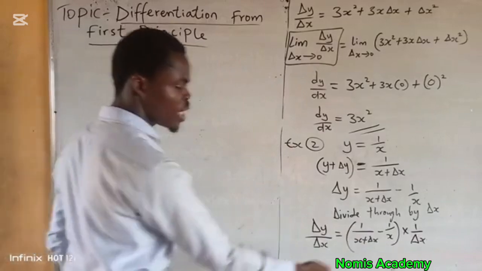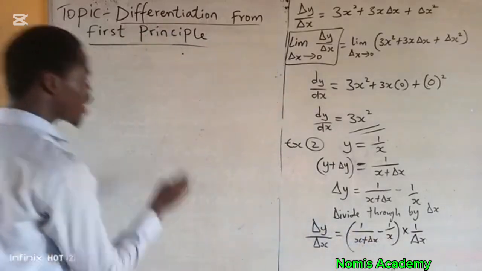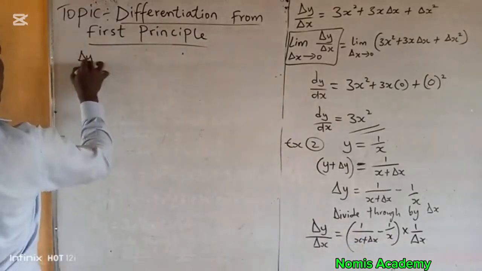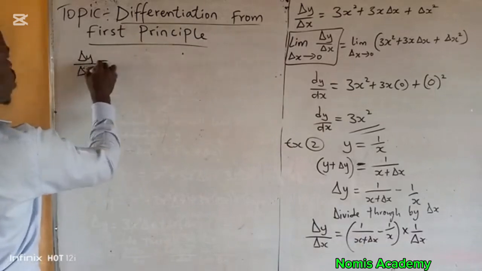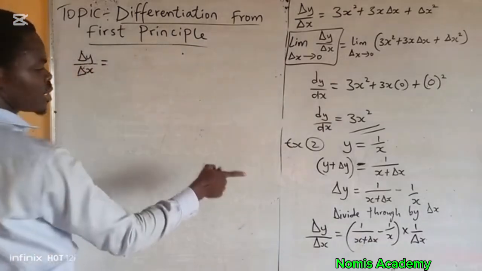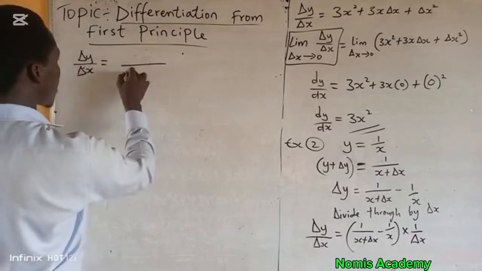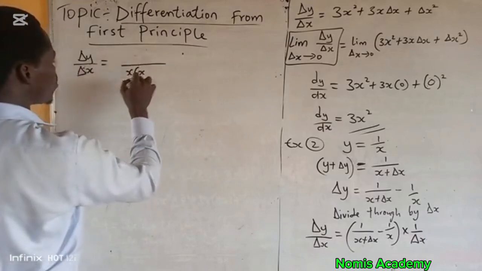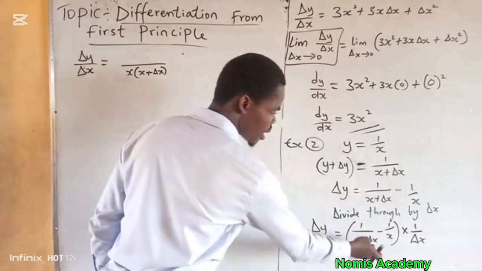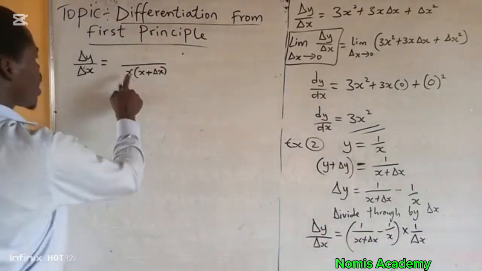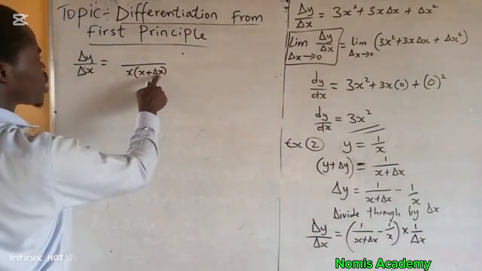Alright, now we need to simplify what we have in the bracket. So we have delta y over delta x equal to, the LCM there is x into x plus delta x. That is, the LCM of x plus delta x and x is x into x plus delta x.